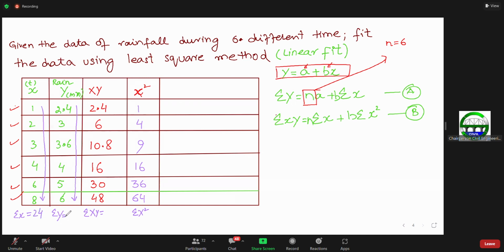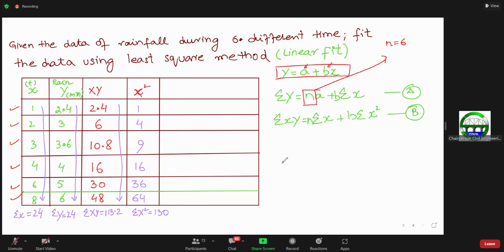Σy is 24. Both are 24? Okay, good. Σxy is 113.2, and Σx² is 130. Now we have all the numbers.